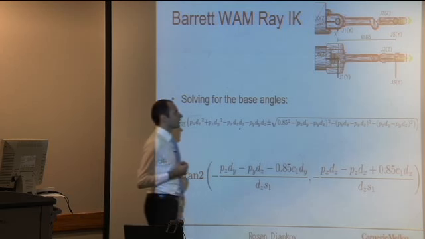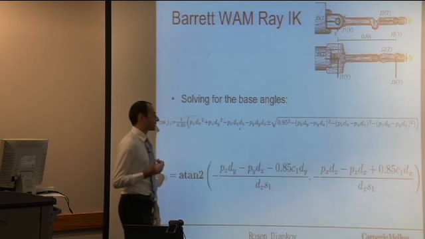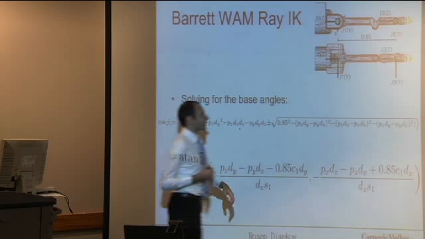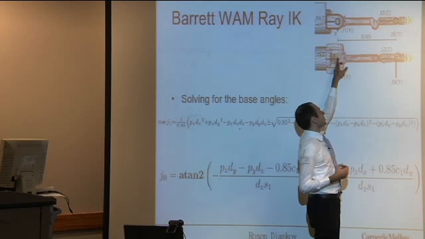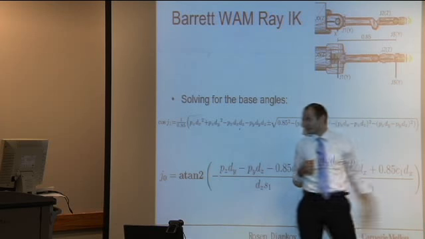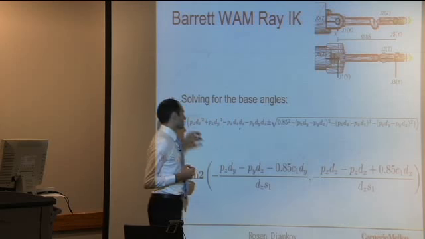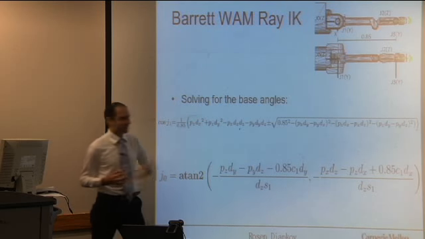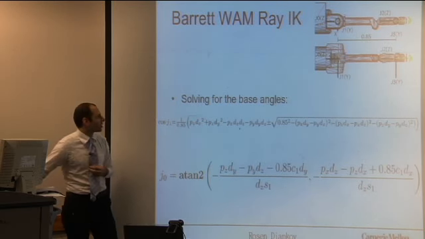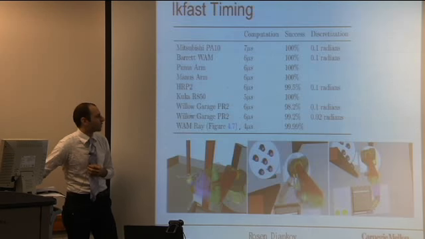Just to give you a hint of what a ray inverse kinematics solution looks like, imagine the Barrett WAM arm, where there are 2 joints here and 2 joints here. Then the solution for one of the joints is this, which is non-trivial to solve by hand.